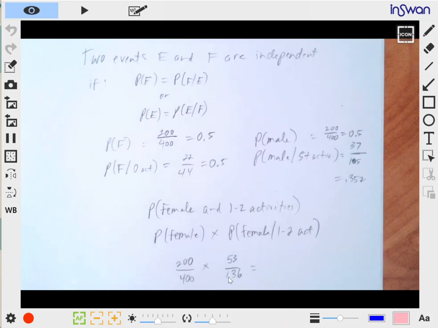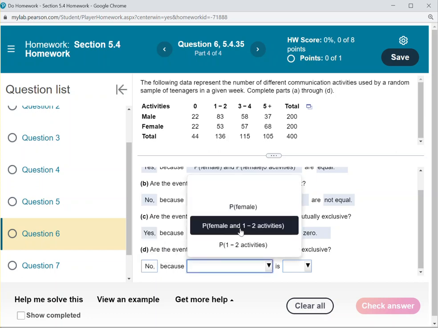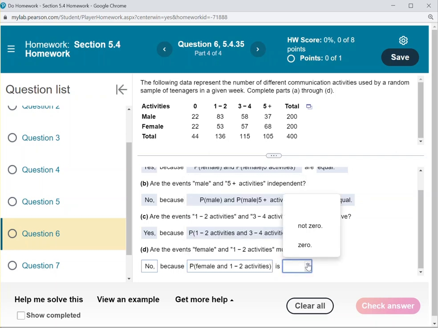Obviously if I multiply these, I'm not going to get 0. And so we would say no, because the probability of being female and doing 1 to 2 activities is not 0.